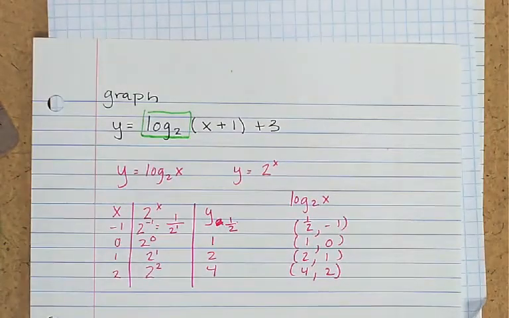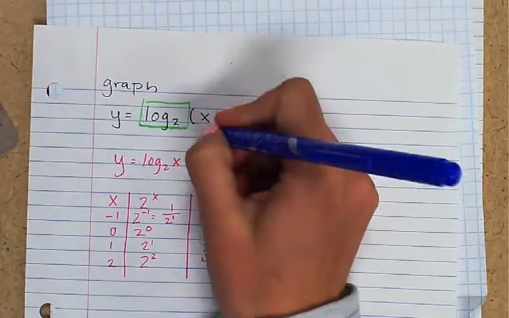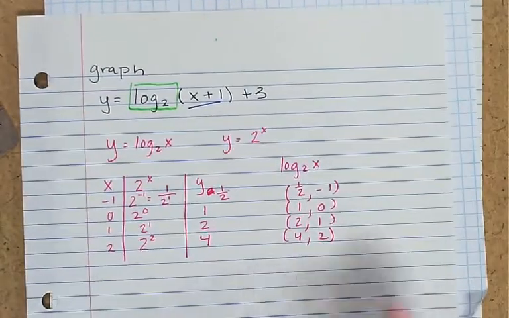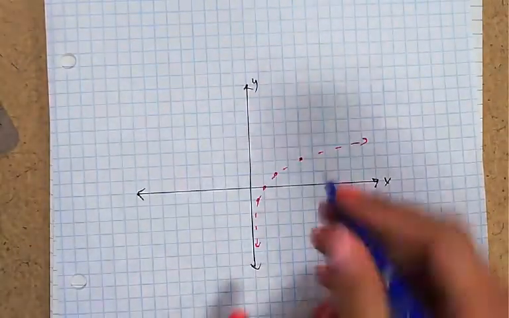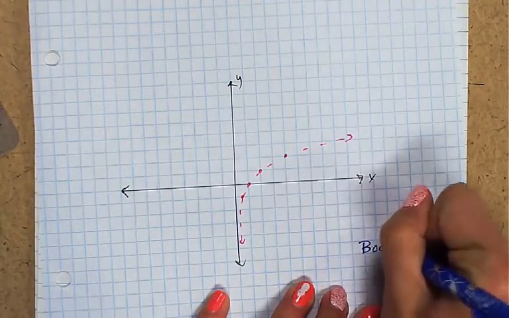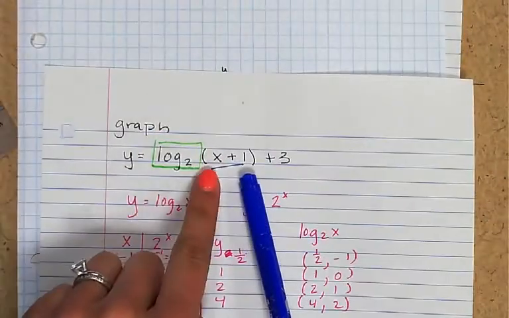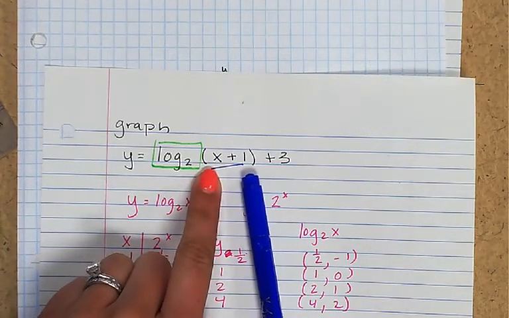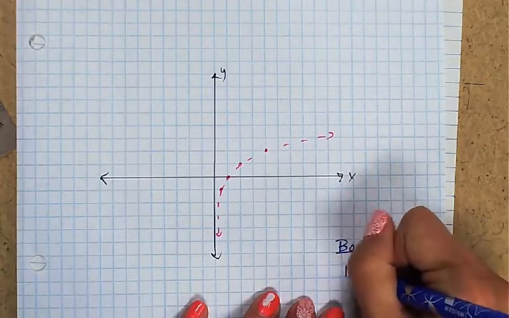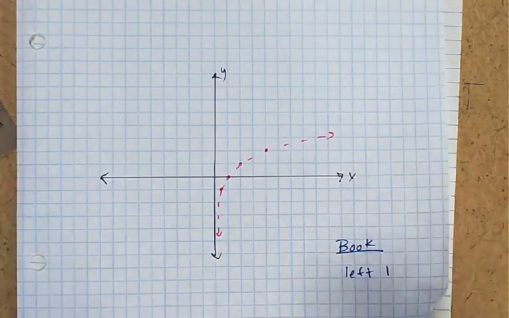So looking here at our original function, inside the parentheses, we have a plus 1. So if I was teaching this in class for real, we would write the book, and that's basically tell me what the shifts are. So inside the parentheses, remember that's in charge of left and right. Because it's x plus 1, that means I have to shift this to the left 1.